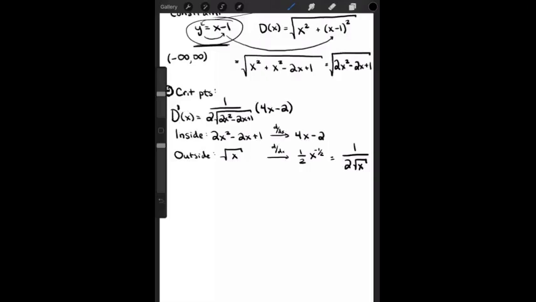So, I've got a couple of things here to check. First is where it does not exist. And there's two aspects of this function that might cause problems. Polynomials exist everywhere, but fractions, rational functions, don't exist where their denominator is equal to 0.